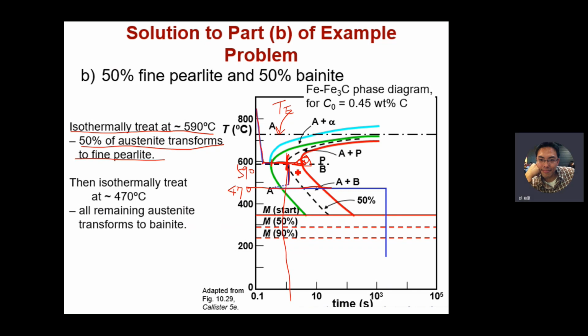So the remaining austenite is 50% at this point. And when the temperature drops to 470 Celsius and the time remains for longer, the remaining austenite transforms to bainite. Therefore, we get 50% pearlite and 50% bainite.